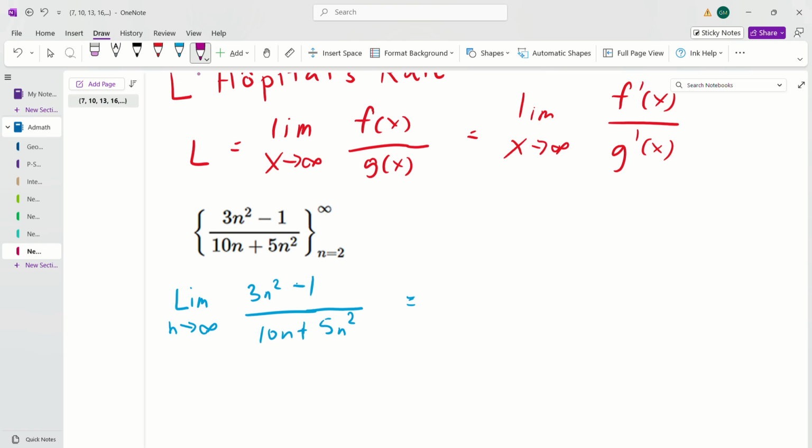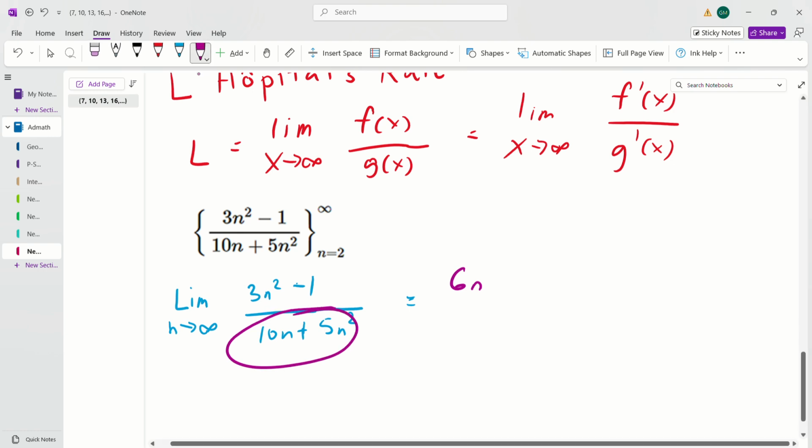Let's differentiate first the numerator, so we have 6n. Next, differentiate the denominator, so we have 10 plus 10n.